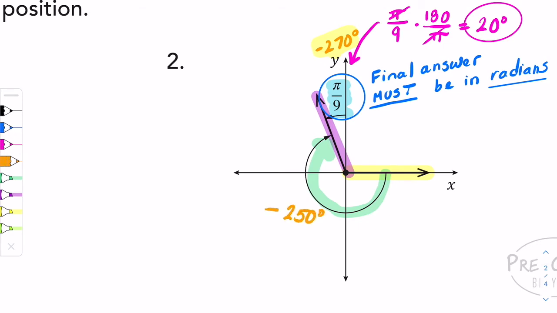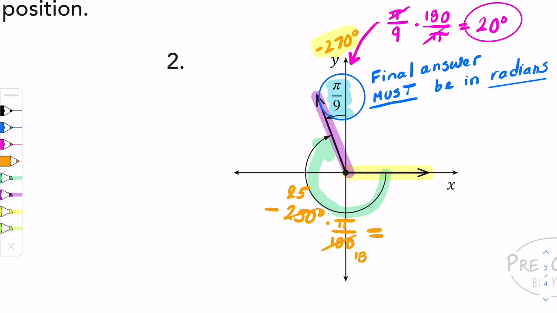I need to add a negative sign to indicate the direction. The direction moves clockwise. So negative 250 in degrees. But I'm not done because my final answer needs to be in radians. So now I'm going to multiply this by pi over 180. Multiplying this by pi over 180, the only common factor I have is 10. 10 goes into 250 25 times. 10 goes into 180 18 times.